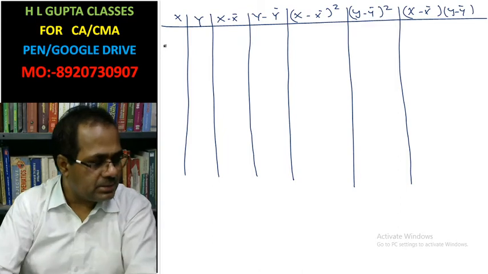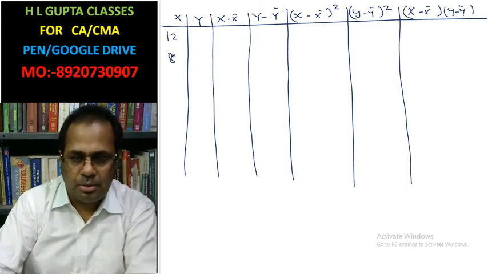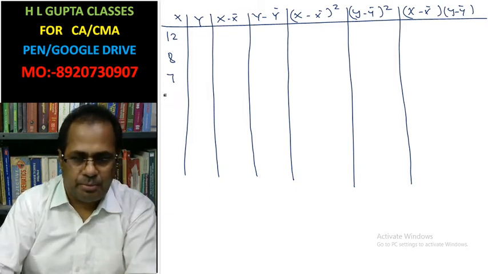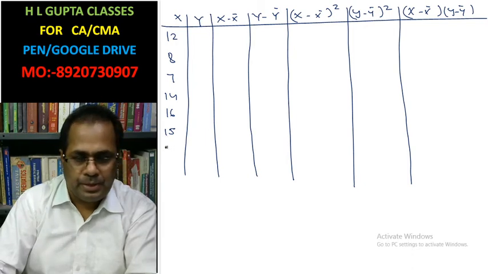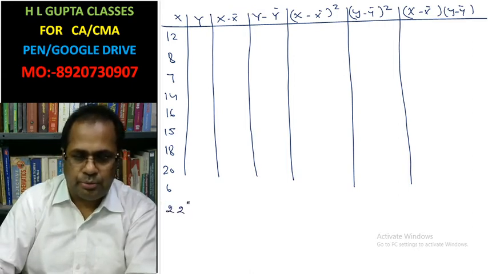Look at it, x values are 12, 8, 7, 14, 16, 15, 18, 26, 22.